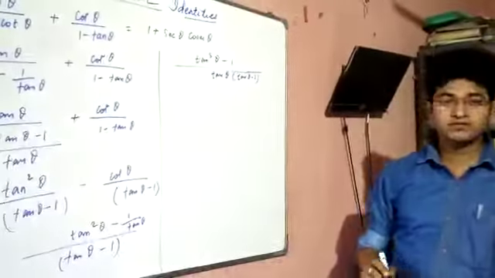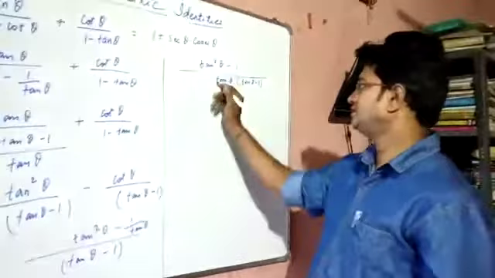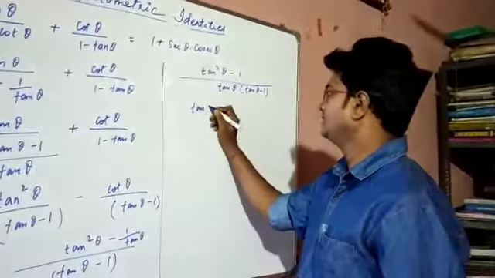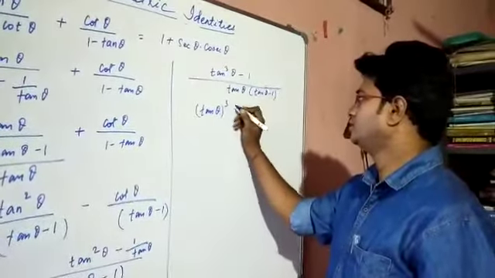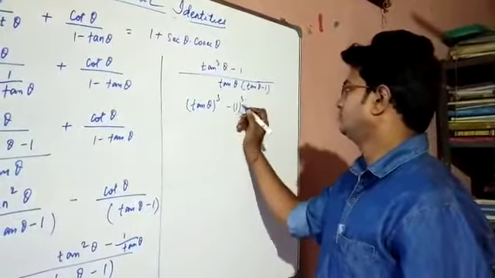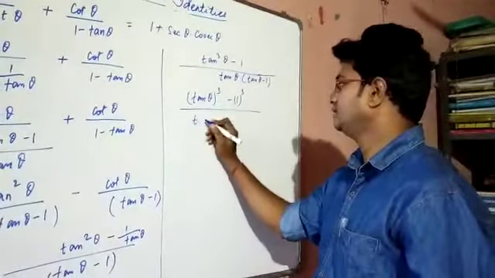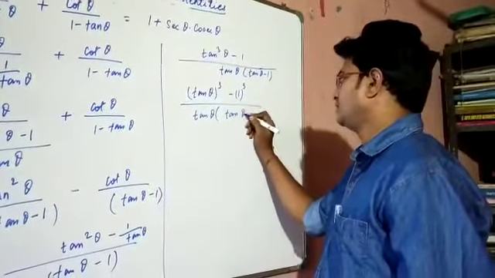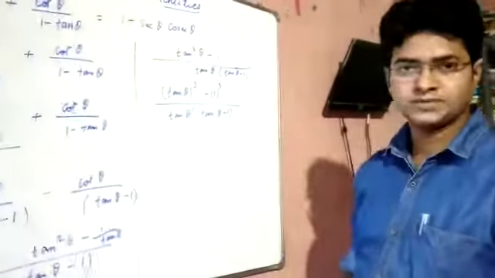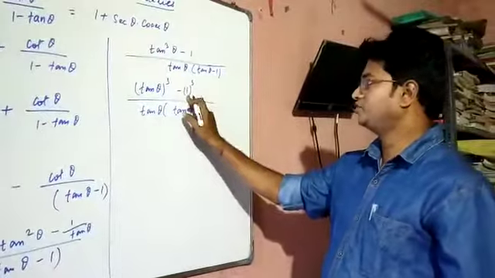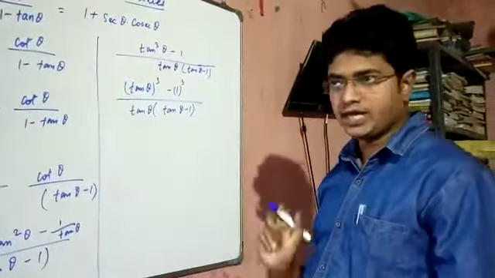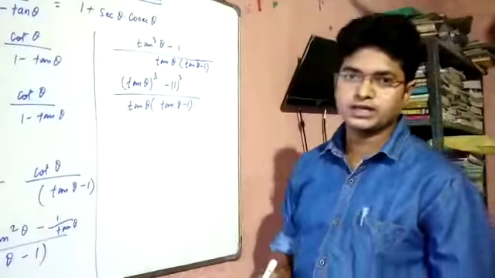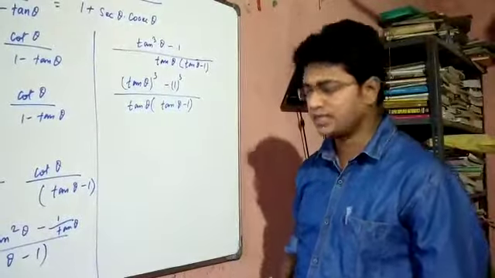Now do you remember the formula a cube minus b cube? See, we can write this as (tan theta) whole cube minus 1 cube, and here tan theta minus 1. So a cube minus b cube. a cube minus b cube is (a minus b)(a square plus b square plus ab).